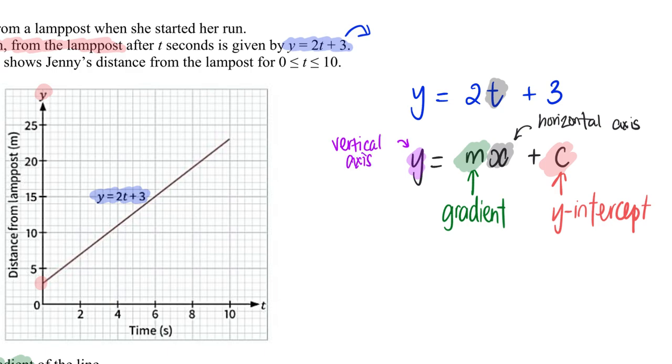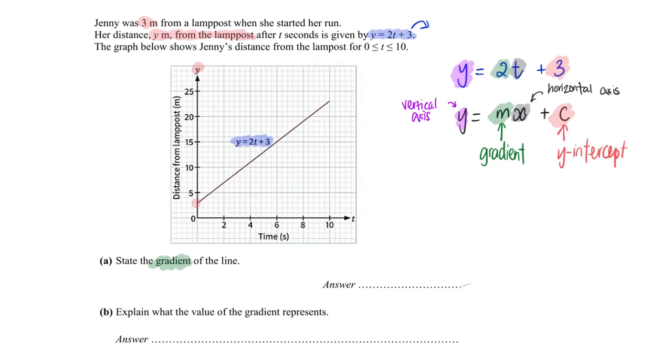Usually we use the letter y, as you can see here. If I color code everything, you would see that if we are given the linear equation, then just by comparing and observing, we would be able to get the answer for part A pretty easily without any working. Yep, that's the answer. That's the gradient of this line.